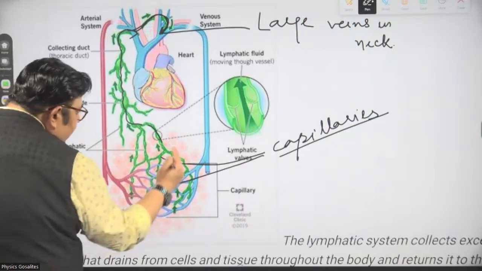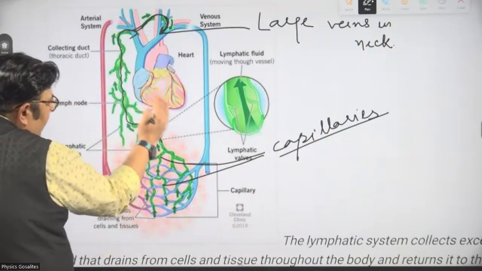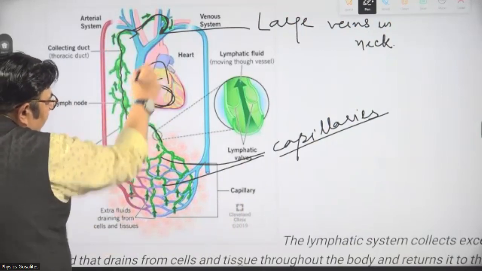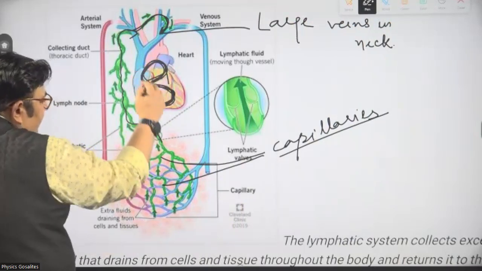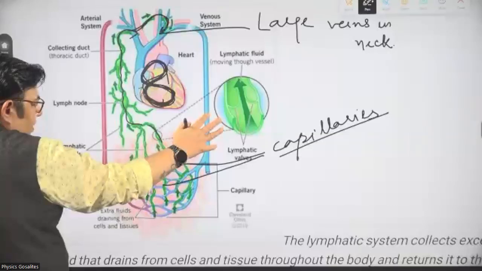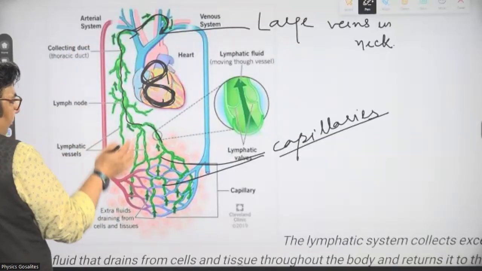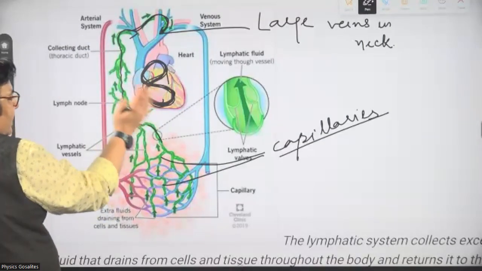And while it is returning back, there are certain filtering stations, at 8 different places in the body, which keep on filtering this fluid which is going. And any extra WBCs are trapped in those stations.